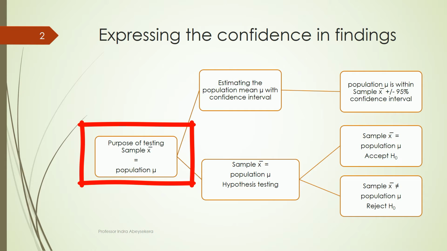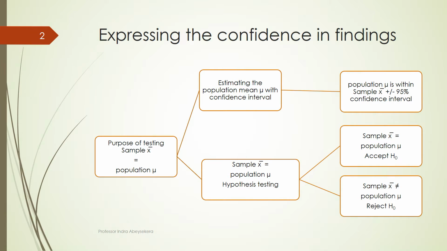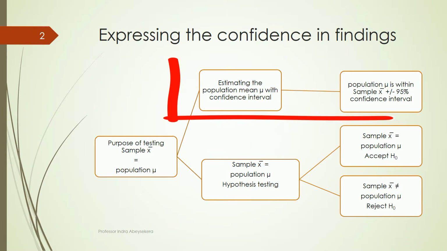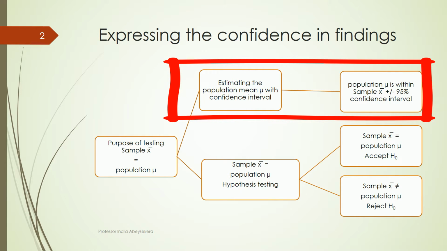But testing a sample mean has two purposes. One is to estimate the population mean with a confidence interval. The confidence interval is generally 95%, within which we expect the population mean to lie, estimated from the sample.